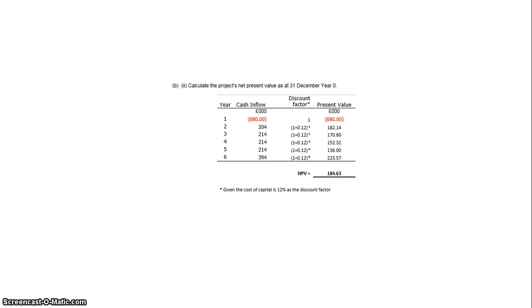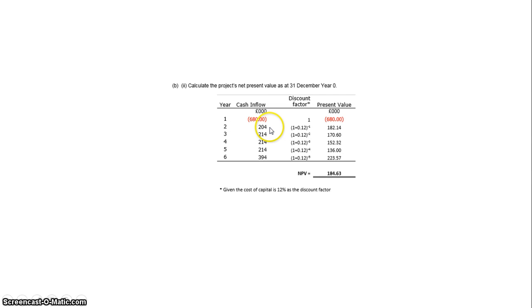And for the last step, you want to bring in the net present value for the initial expenditure of 680. As you can see here, 680, you discount it by 1, will still give you 680. But here, for example, you have some positive cash inflows.